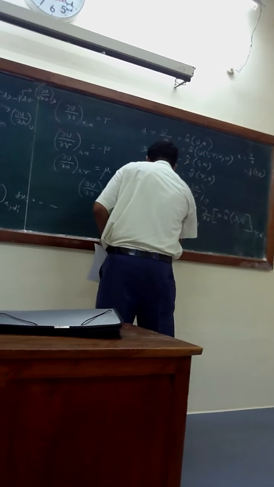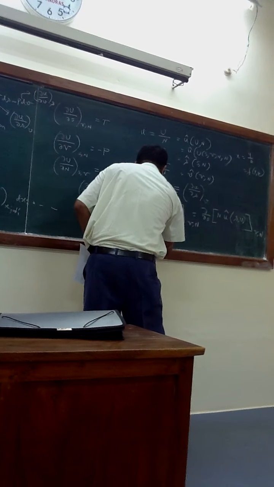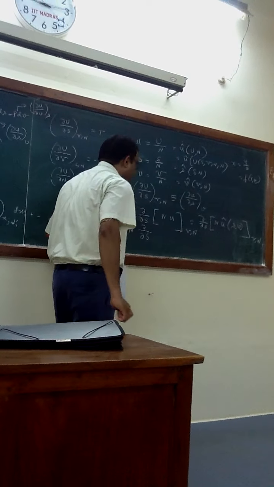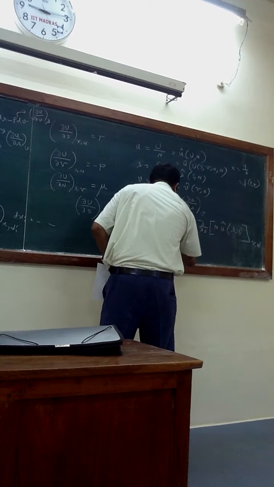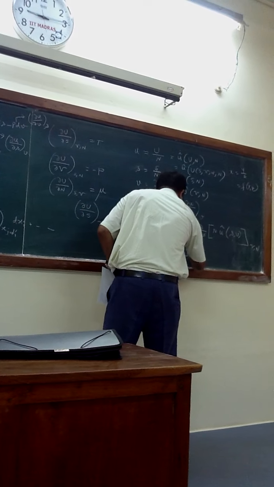N is kept constant, N is coming out. Dou capital S, u hat of s hat and v hat at fixed V and N. Next step.